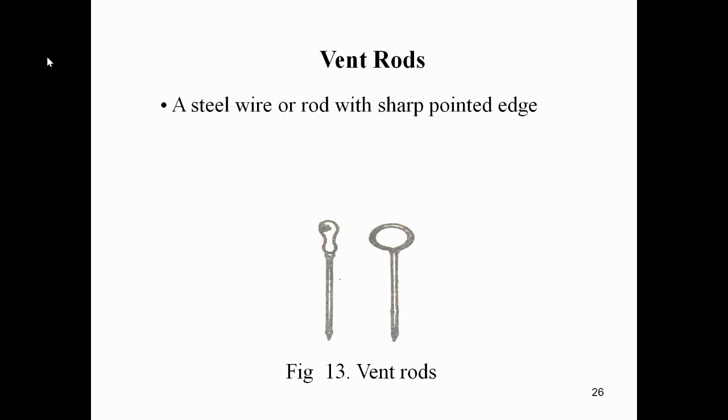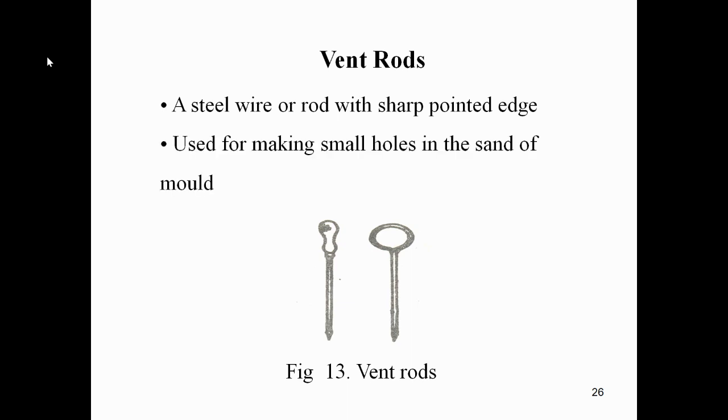Next one is the vent rod. A vent rod is a steel wire or rod with sharp pointed edges. This vent rod is used for making small holes in the mold sand.